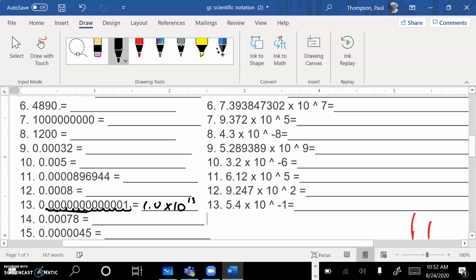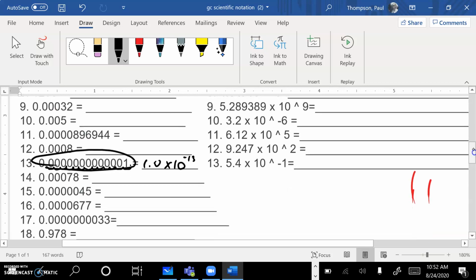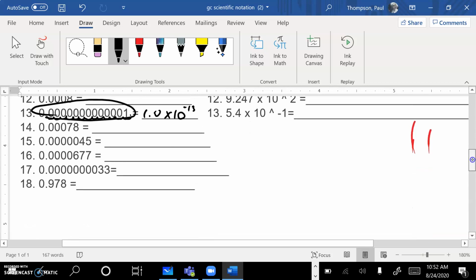This number is less than 1, so that exponent is negative. 1.0 times 10 to the negative 13. See? It's a lot easier than it looks. All you gotta do is move the decimal and count.